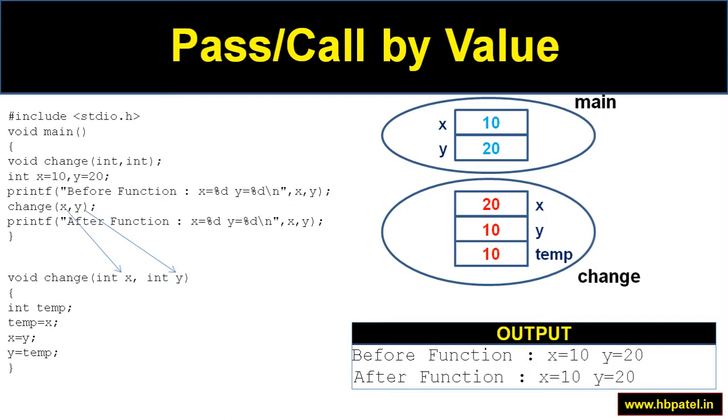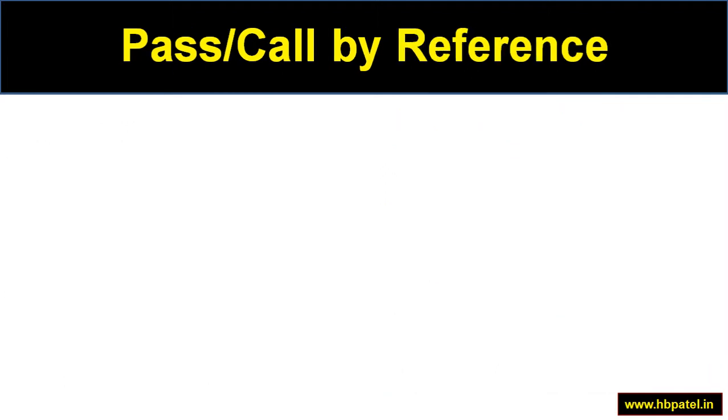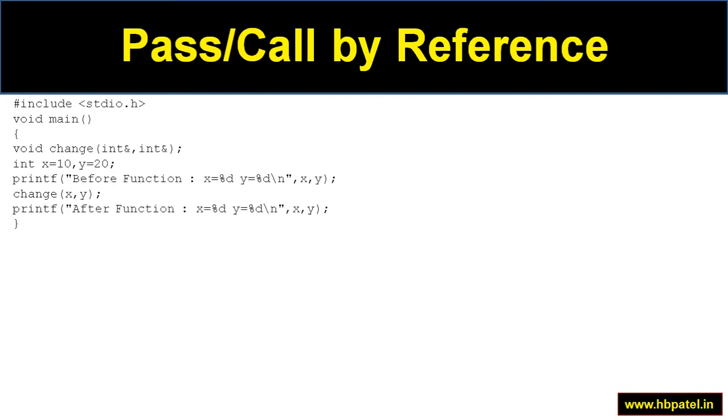Now let us see what is the concept of pass by reference. What if you want to make the change over here, but you want the reflection in main? So even if the change is made by this function, the variable should be affected within main. For this we have a concept called pass by reference. So now let us take that concept.